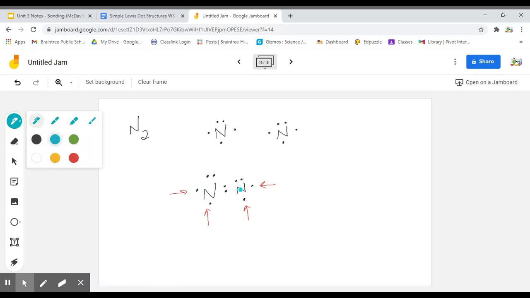If you remember, a triple bond is 6 electrons being shared. We have 2 right now, and we have these 2 unbonded ones on each of our nitrogen atoms. So we're going to end up moving every unbonded electron into this bond between these 2 nitrogens.